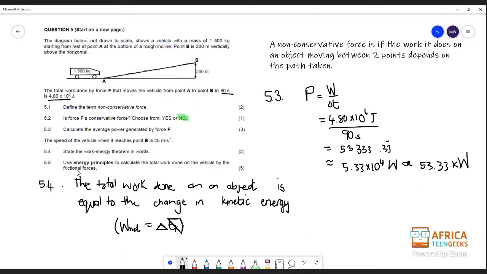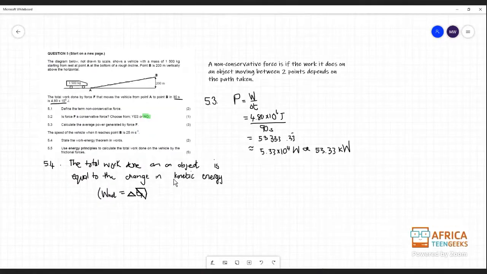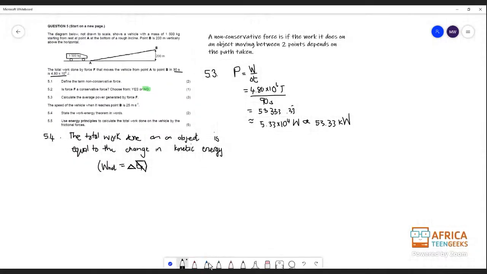Then they ask us in question 5.5, use energy principles to calculate the total work done on the vehicle by the frictional forces. So 3 things is happening in here. The first thing is you have force F that is moving this car up this hill.